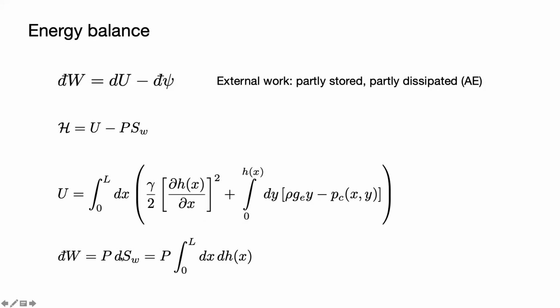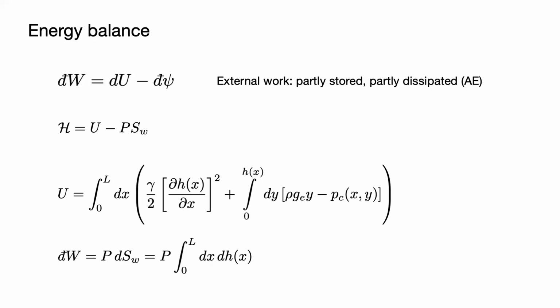And the change in work is P dS_W, which is the pressure at that step times just integrating under the configuration under h. So that's just the area covered by the wetting fluid.